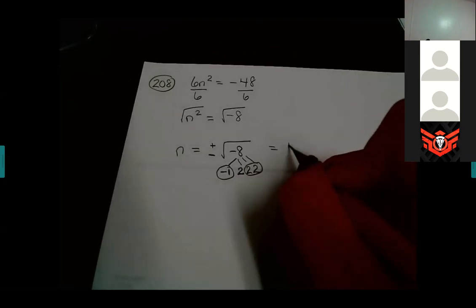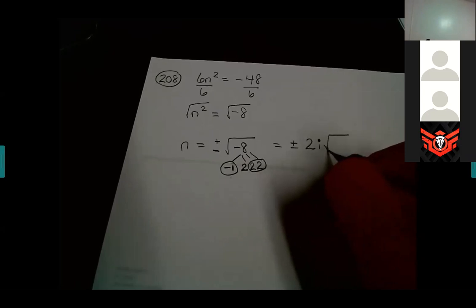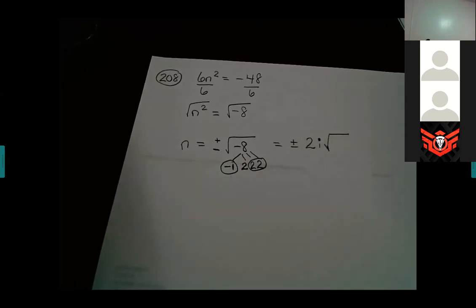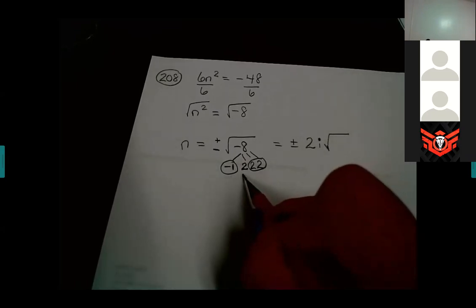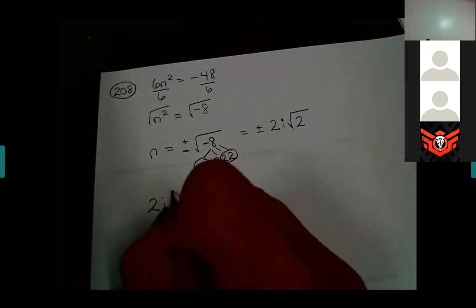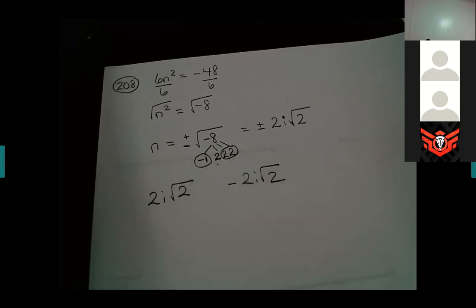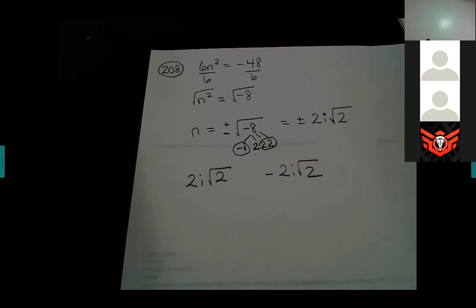Okay, so I pull out a 2, and I pull out an i, and then what's not circled? Okay, so my 2 answers, Emmanuel, are 2i on the square root of 2 and -2i on the square root of 2. You see that? There's always 2 of them. Okay, Logan, does that make sense? A little more sense? Okay, let's do another one.